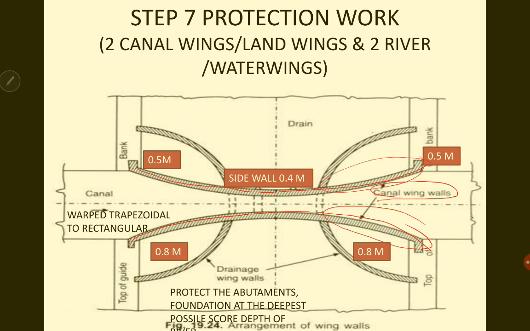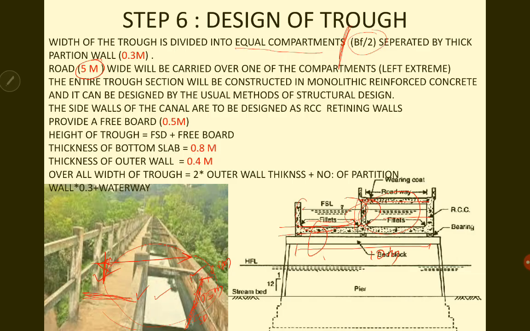These canal wing walls accommodate the transition from a rectangular to a trapezoidal section and back. Usually a wing wall width of 0.5 meters is provided for the canal, and the side wall thickness, as we decided in the earlier step, is taken as 0.4 meter.